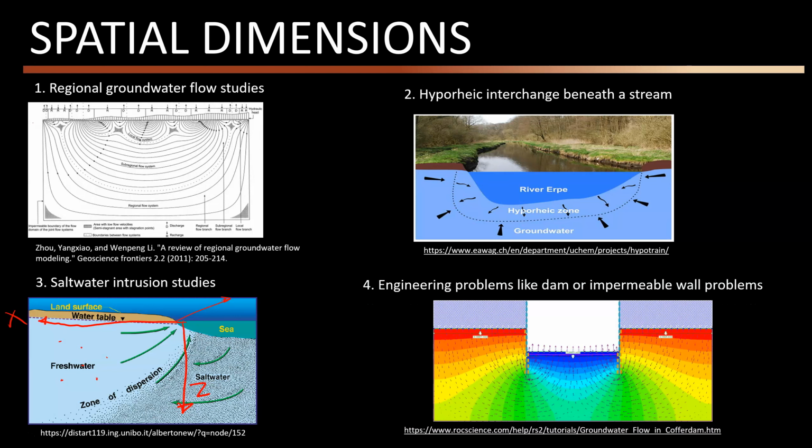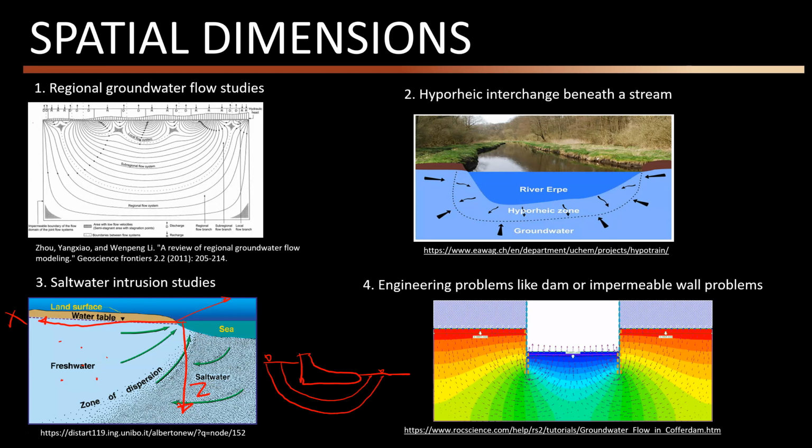And the last one: in so many engineering problems, for example, if we have a dam like this, we would like to know how the water goes and interacts in the z direction. If this is my dam, and the water is stored there, this is a very classic soil mechanics problem, if you remember.